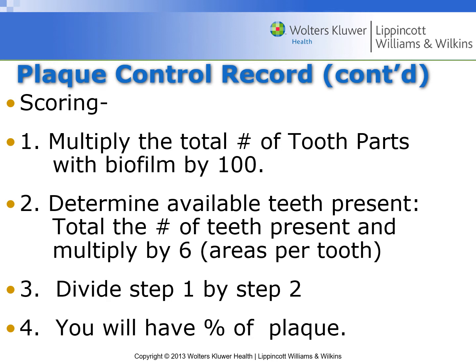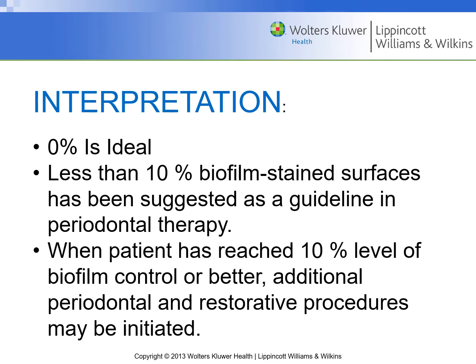So the plaque control record scoring is going to give you exactly what we did and the directions, just so that you have them in black and white. So how do you interpret this? Of course, if you get 0% plaque, that's ideal.